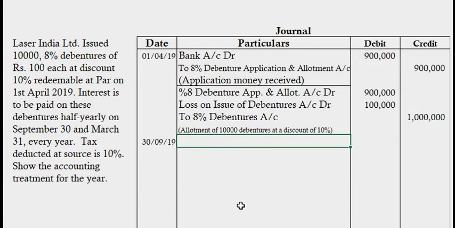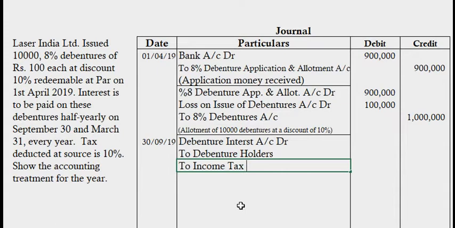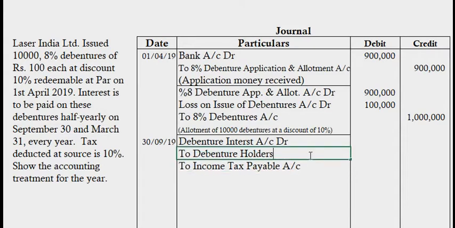So the journal entry will be: debenture interest account debtor to debenture holders account, to income tax payable account.